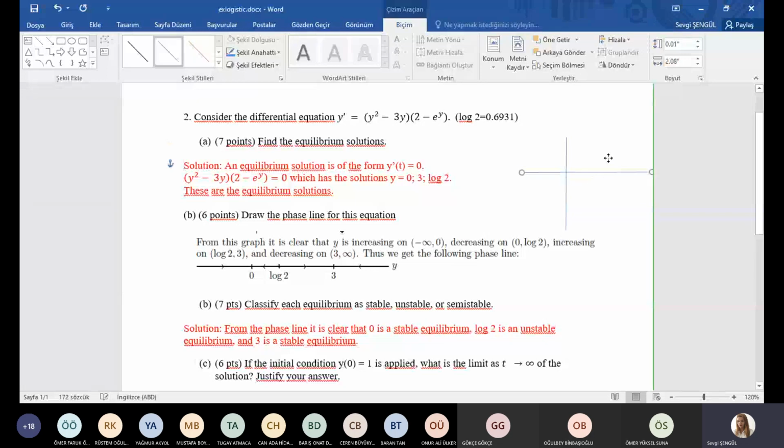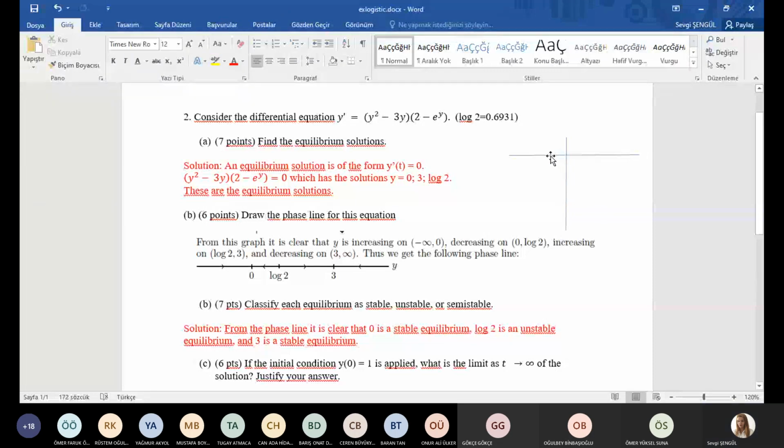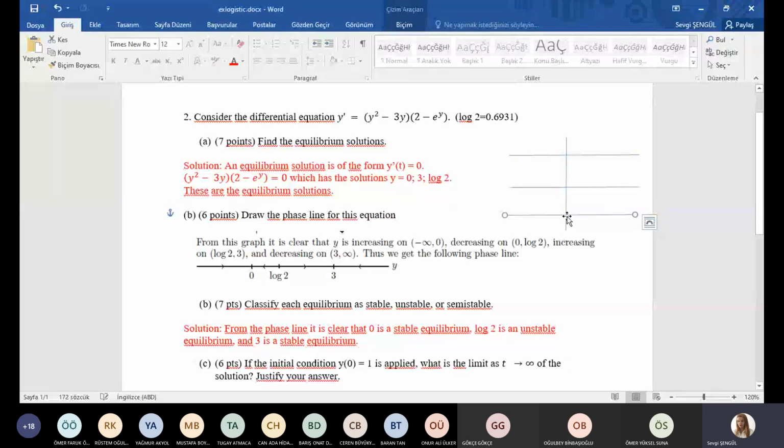So how many do we have? We have 3 equilibrium points. So I can divide my region according to the 3, from smallest to the biggest.